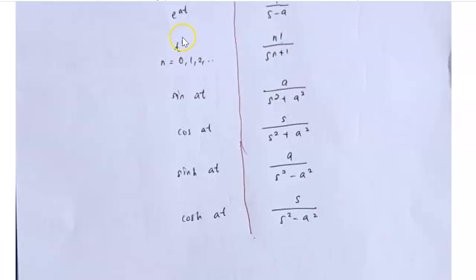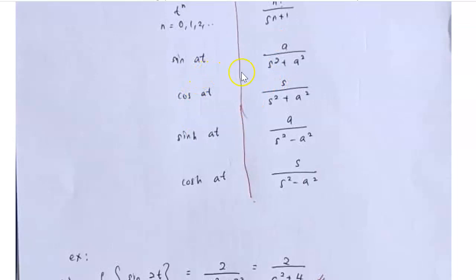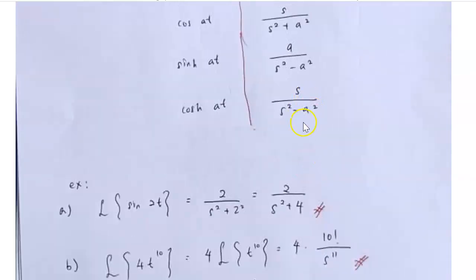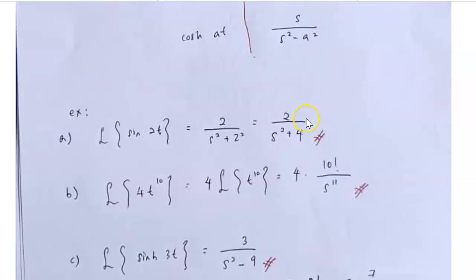Misalnya kalau t kuasa 3, then your F(s) will be 3 factorial over s kuasa 4. If sin at, a over s squared plus a squared; cos at, s over s squared plus a squared; sinh at, a over s squared minus a squared; cosh at, s over s squared minus a squared.